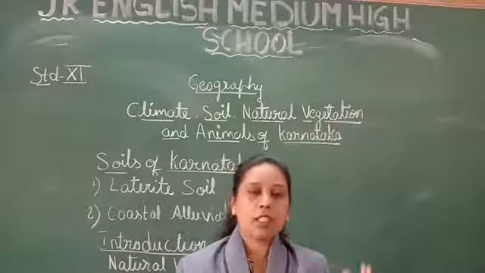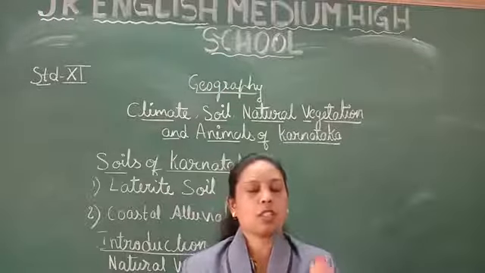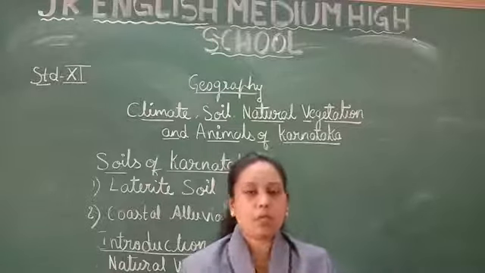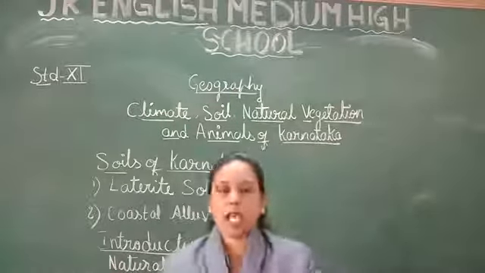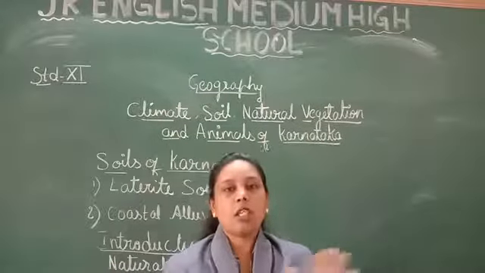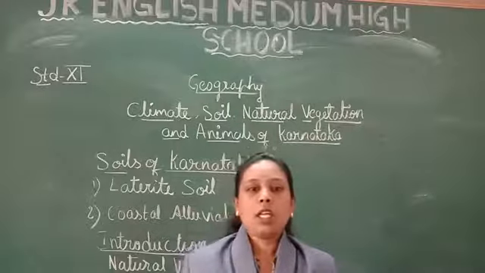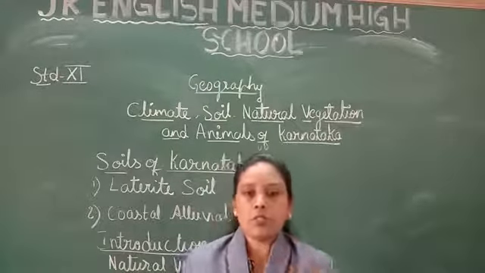What happens? They deposit and settle. Depositing means carried by water, wind or sea waves and then deposited in other places. Because these particles are in the soil, it is very fertile.